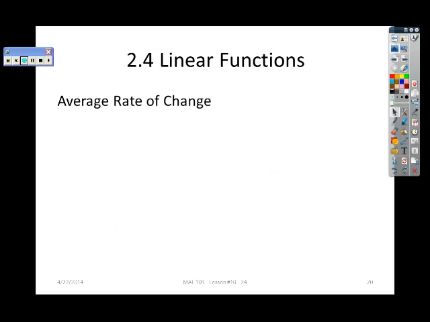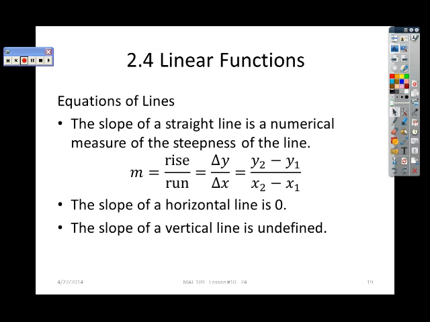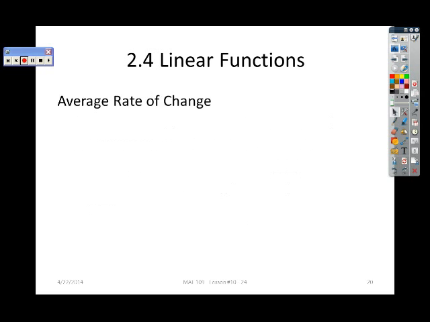When you're working with graphs, you can do something called the average rate of change, and that has to do with the slope of a straight line. So we just talked about what the slope of a straight line is. That can be used on any type of graph to get an average rate of change.